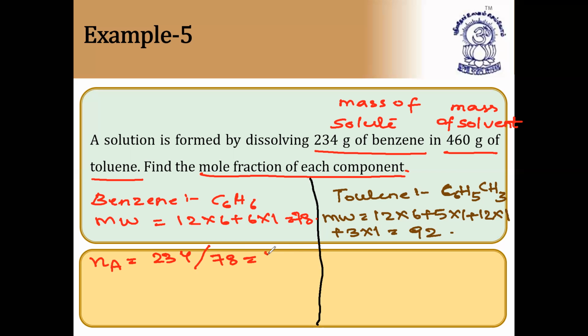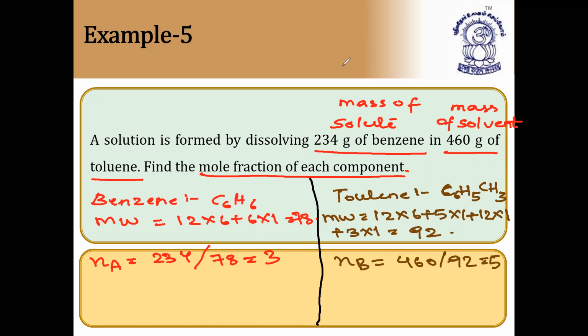So N of A is equal to 3. Similarly, N of B is equal to 460 by 92, weight of solvent by molecular weight of solvent. So 460 divided by 92 gives 5. N of B is equal to 5.